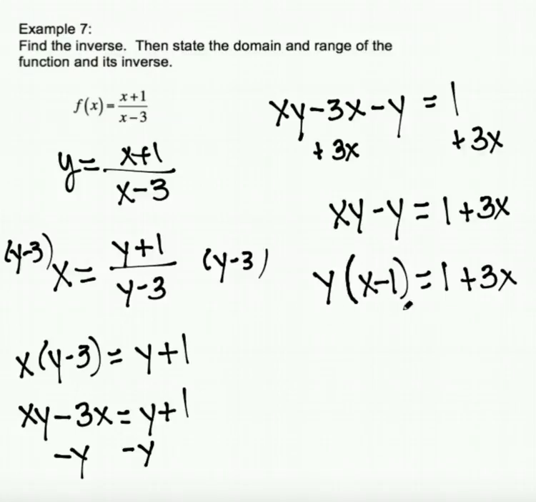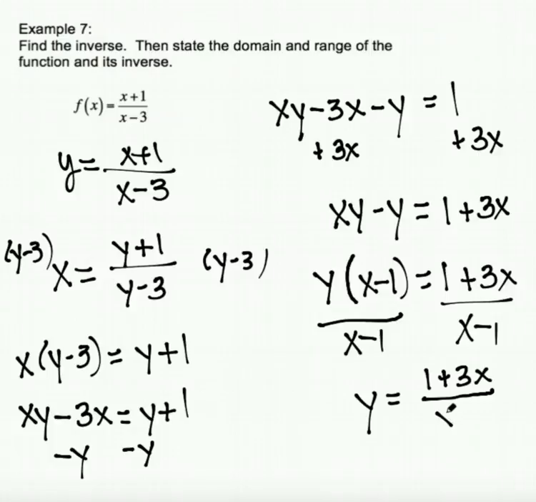My last step, again, I want to get y by itself, so I'm going to divide both sides by x minus 1. So that gives me y equals (1 plus 3x) over (x minus 1). So I know that this is now my inverse.